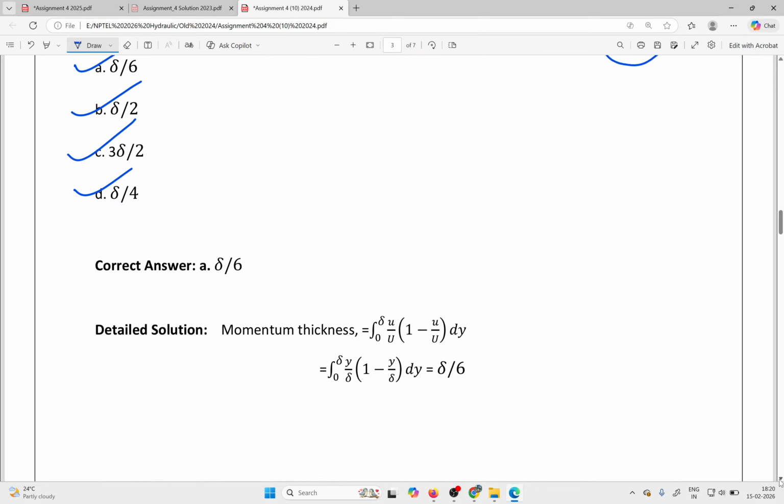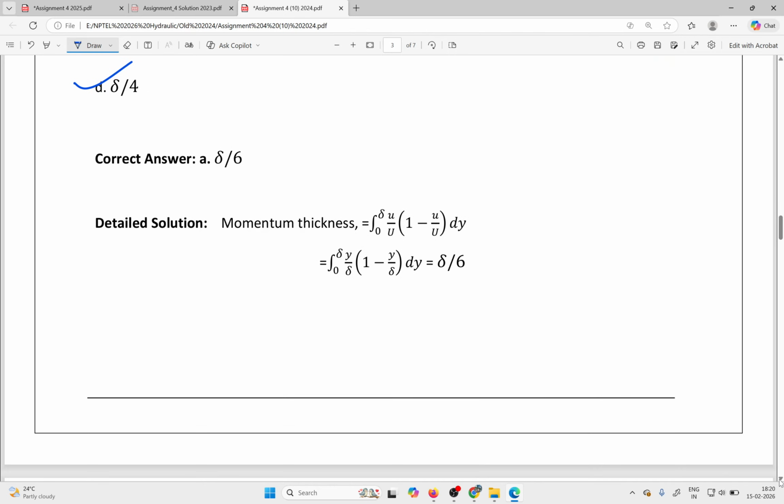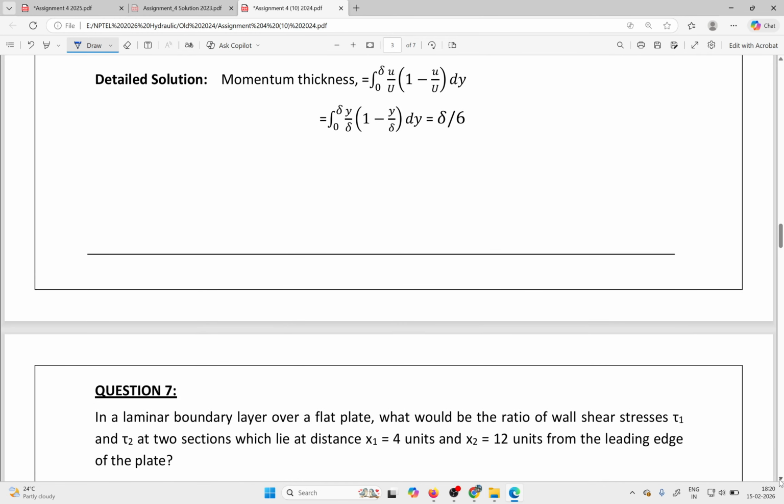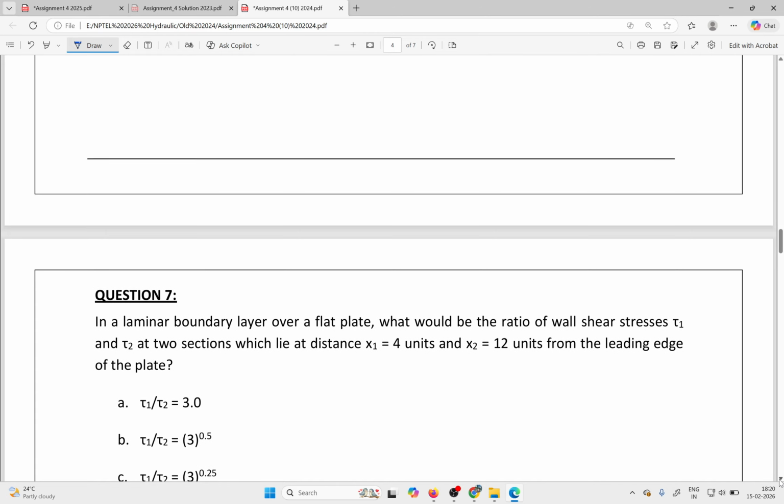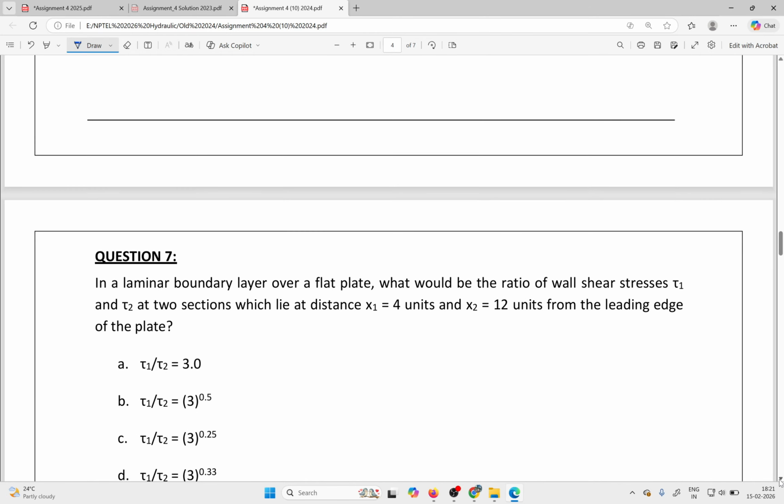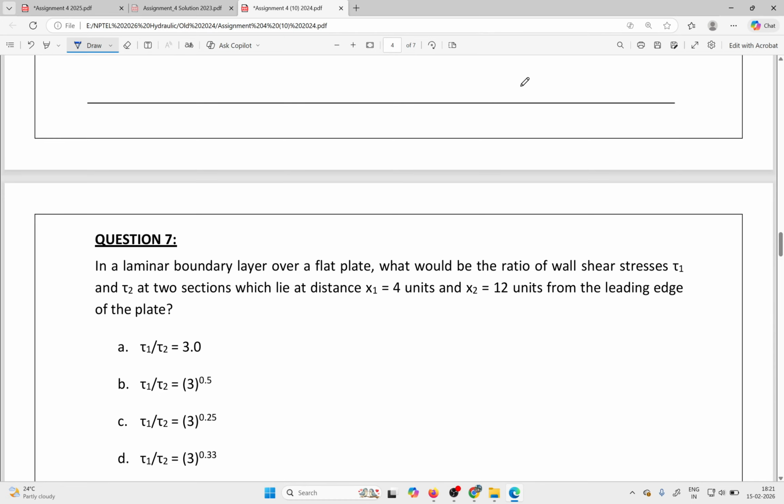Okay, so next question is question number 7. Very important question. Such type of question you can expect in your final GATE exam also. In the laminar boundary layer over a flat plate, what would be the ratio of wall shear stress tau 1 and tau 2 at two sections which lie at distance x1 4 unit and x2 12 unit from the leading edge of the plate?